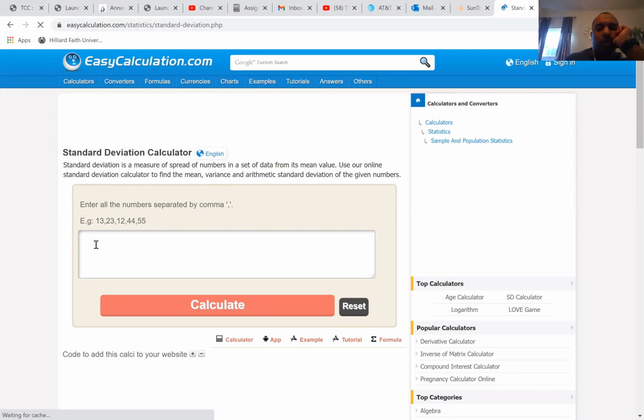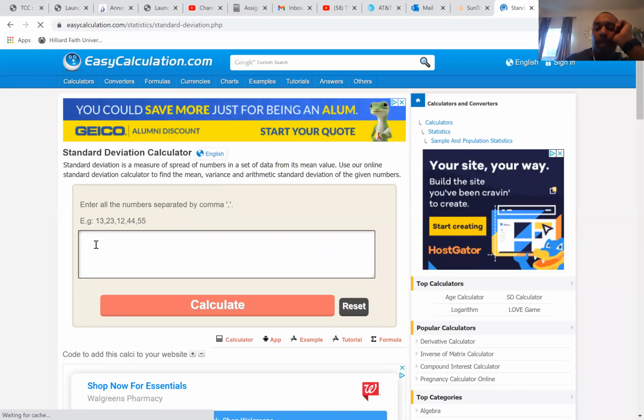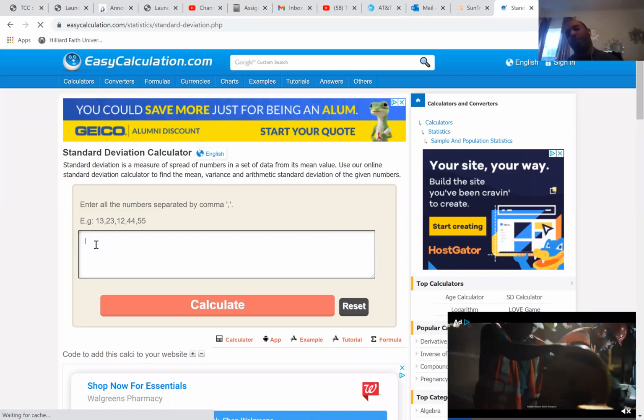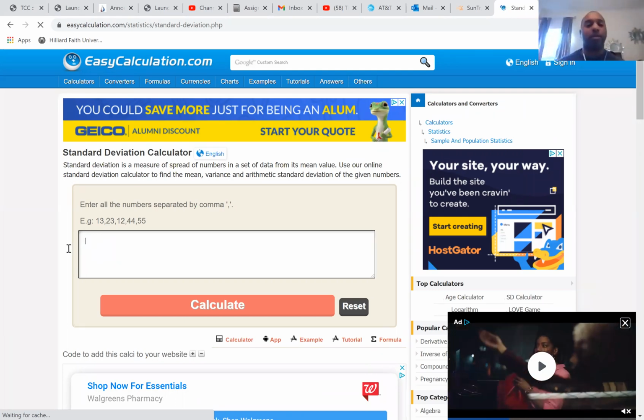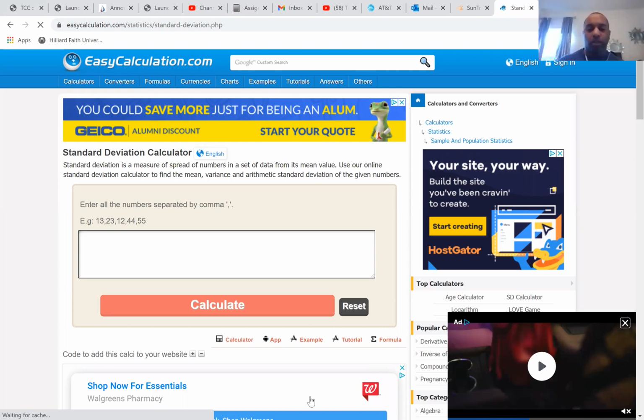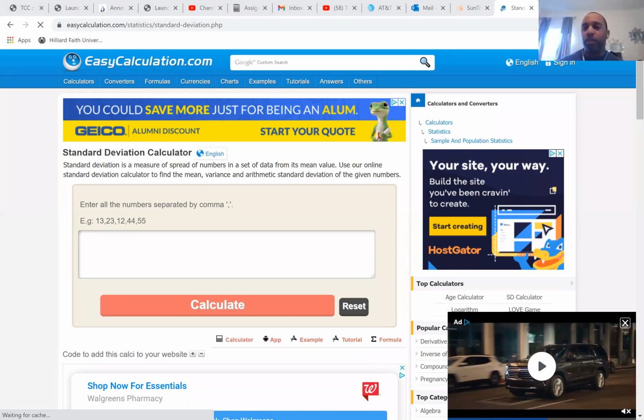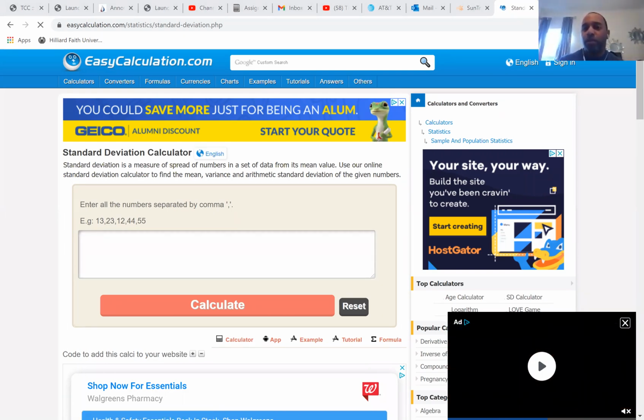And also make sure you pay attention to the directions of whatever app or website you decide to use. Some will say separate by commas like this one. Some will say separate by space or colon, semicolon. So it just depends. So our data set was 62, 88, 77, 68.